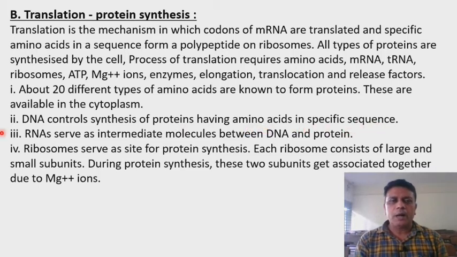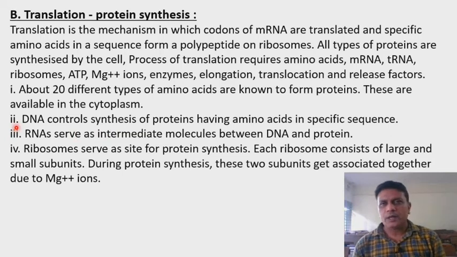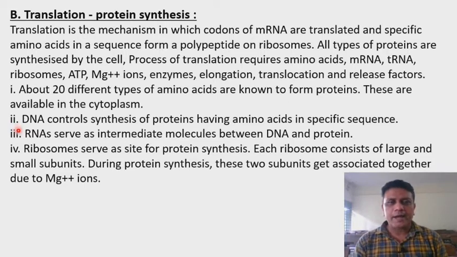That means the amino acids are arranged in a specific sequence under the control of DNA. Then RNA serves as an intermediate molecule between DNA and protein. So the RNAs actually carry out protein synthesis, but they are under the control of DNA.